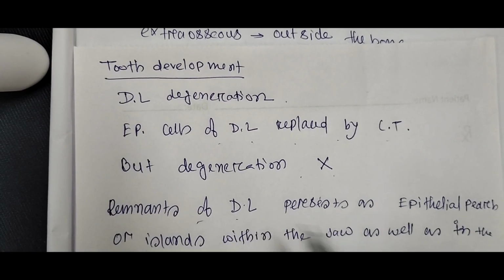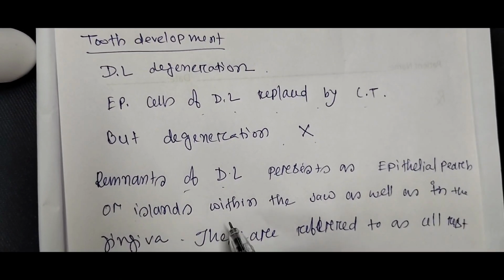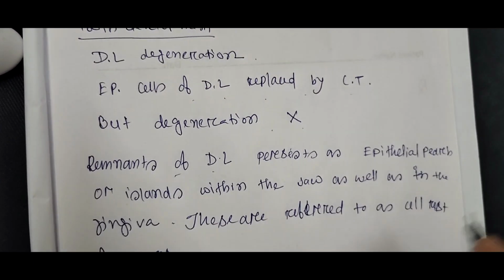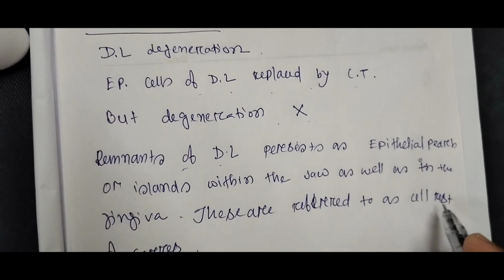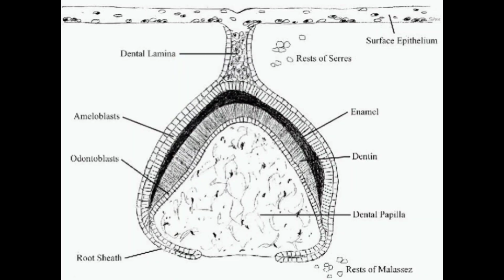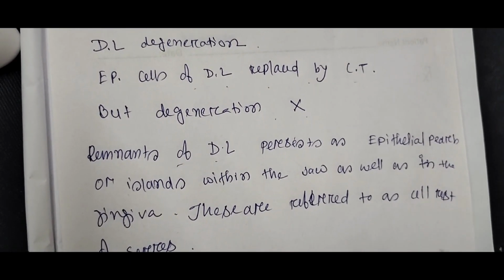The remnants of the dental lamina persist as epithelial islands within the jaw as well as in the gingiva. These are referred to as the cell rests of Serres. And here is the figure of rests of Serres. See, our gingiva is already outside the bone.